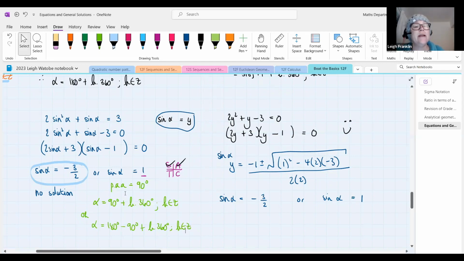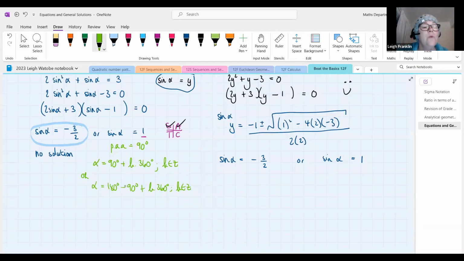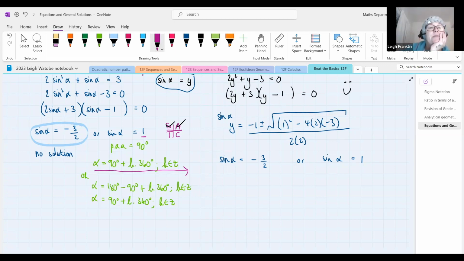Interestingly enough, we get the same general solution for both quadrants here, so we wouldn't actually have to repeat ourselves the second time. So this really is our solution in this case.